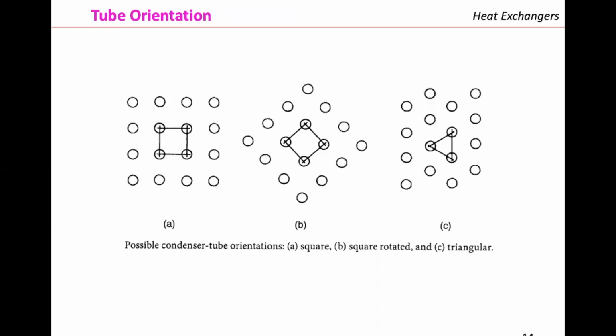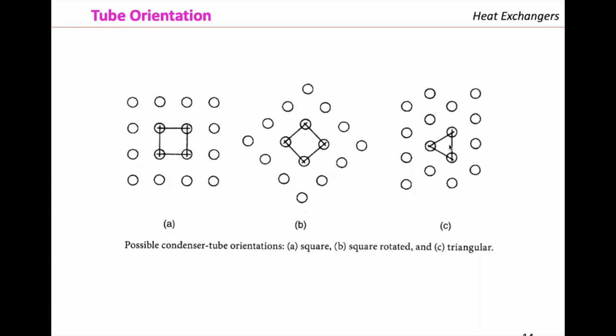For example, for very dirty services where you expect a lot of deposits, you will preferably use the square configurations. Why? Because it's easier to clean. You can pass currents of hot water, or you can just scrub through that big space.